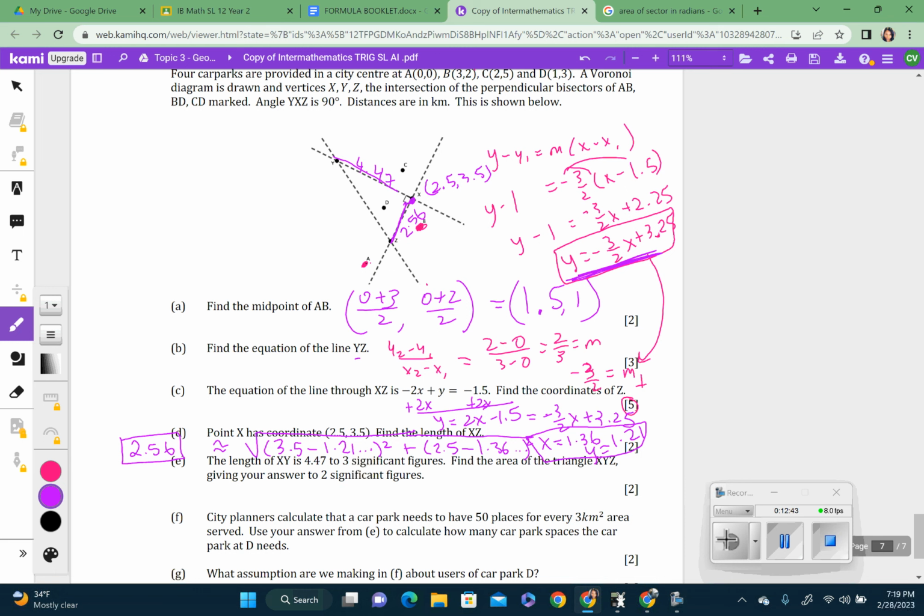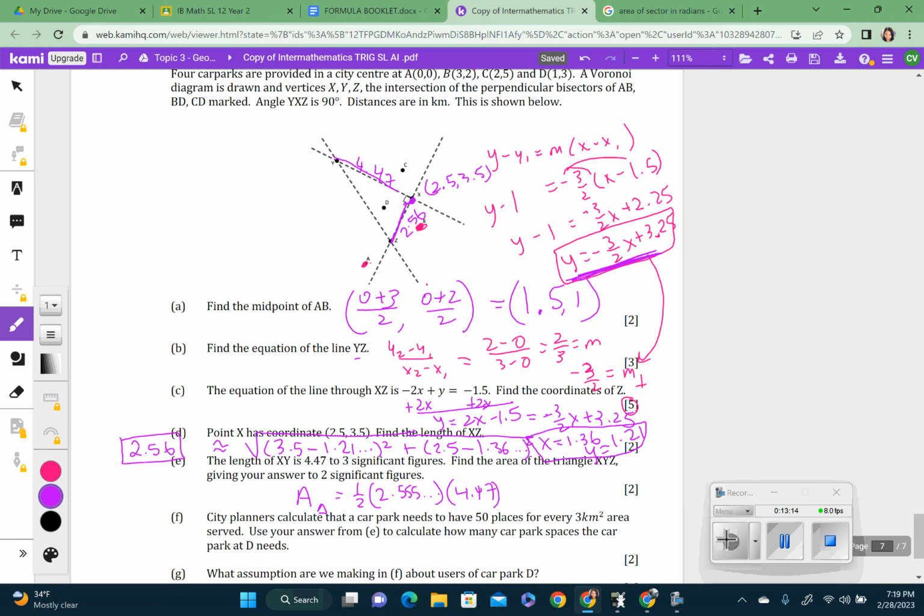So the area of the triangle is going to be 1/2 A times B. So A we got, which is about 2.56. I think the exact number is 2.5, a whole bunch of fives, dot dot dot. And then times our number that they gave us, which is 4.47.